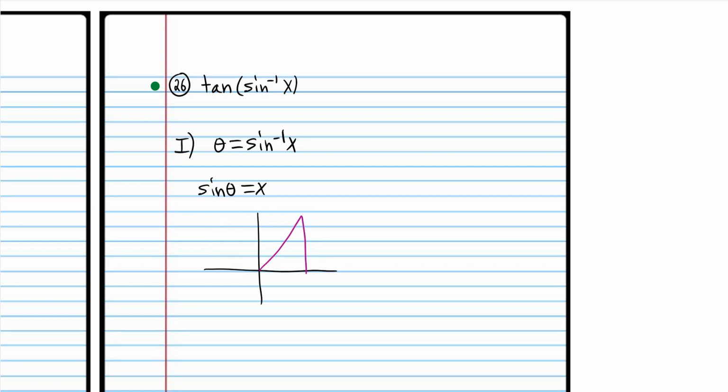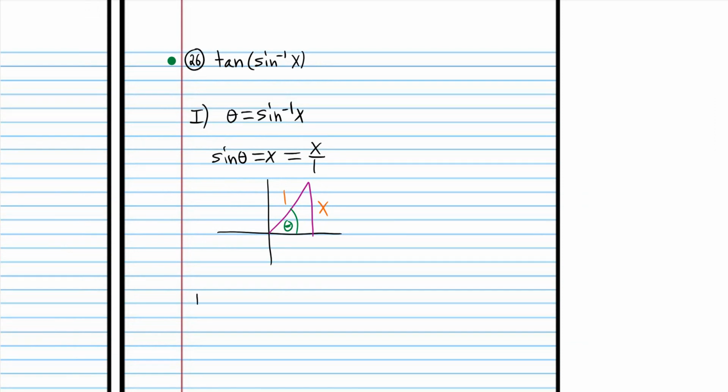But the sine inverse function, this angle, which is what sine inverse is equal to, must be between negative 90 and 90. So that restricts the triangle to the first quadrant. So we'll make theta green there. That's the angle there. And you can write x as x over 1. So the hypotenuse is going to be 1 and the opposite side is x.